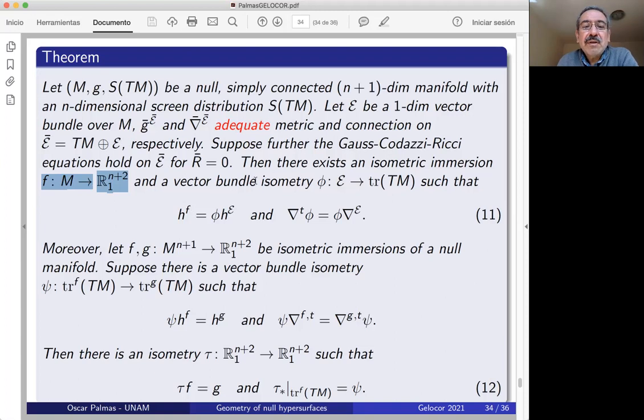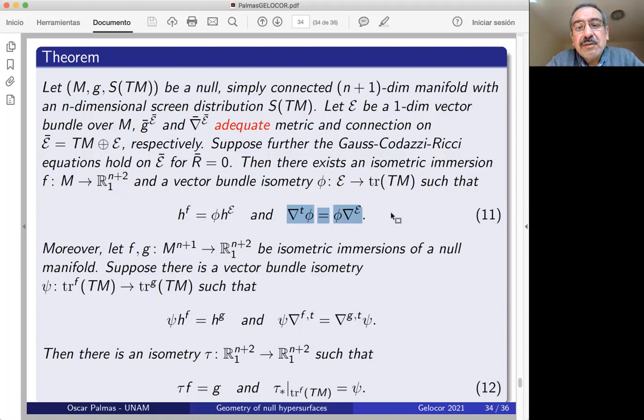And we have a vector bundle isometry between this abstract bundle E and the transversal bundle of the immersion F in the Lorentz-Minkowski space, such that the second fundamental form H of the immersion is related with the second fundamental form on E, and we also have this relation between the transversal connection and the connection we give on our abstract vector bundle E.